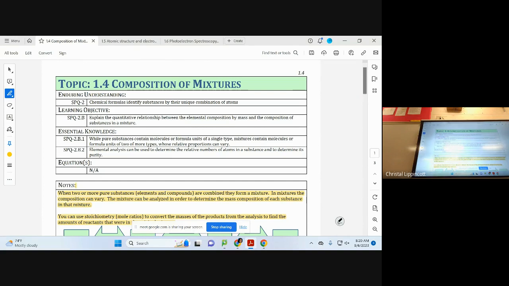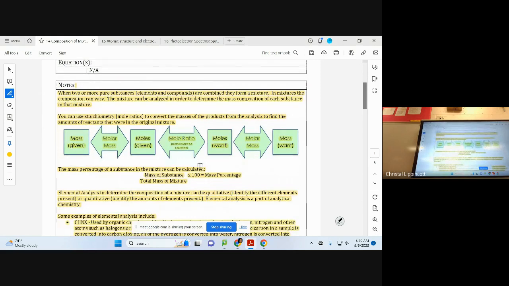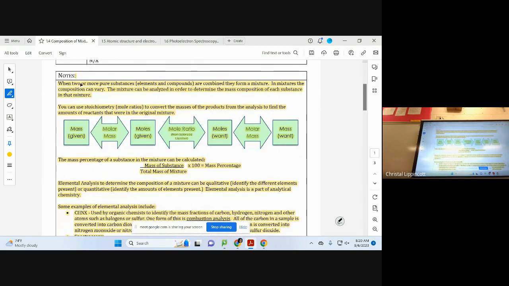Okay, so when we are looking at substances, sometimes they will have you try to figure out different ratios. When they are combined to form a mixture, the amounts can vary. You're actually going to get a mixture, I think it's in unit 4, and you have to figure this stuff out from experimental trials.